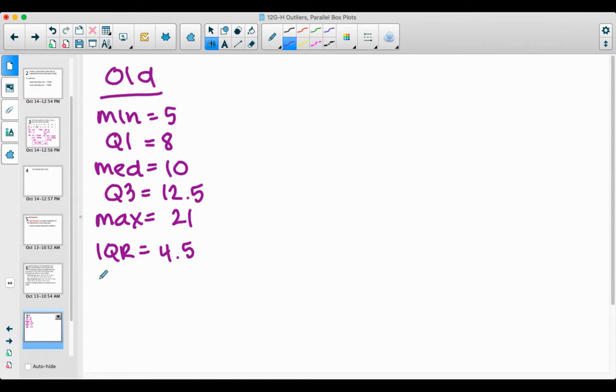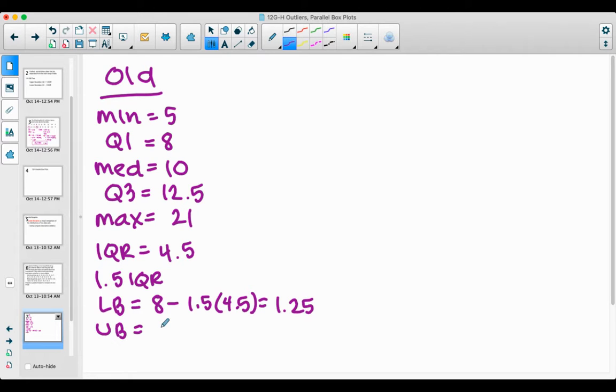And then just to check for outliers, we also want to do the 1.5 IQR test. Our lower bound is going to be our Q1, which is 8, minus 1.5 times 4.5, and we get 1.25 for that. And our upper bound is 12.5 plus 1.5 times 4.5, and we end up with 19.5.